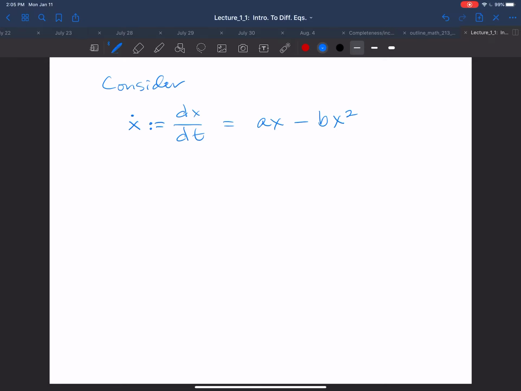So this additional term should be negligible when x is small. If x is small, then x squared is going to be really small, if you like. But as x becomes large, this second term will become important. So let's suppose that initially x is, let's say, small. I guess I should try to quantify what I mean.